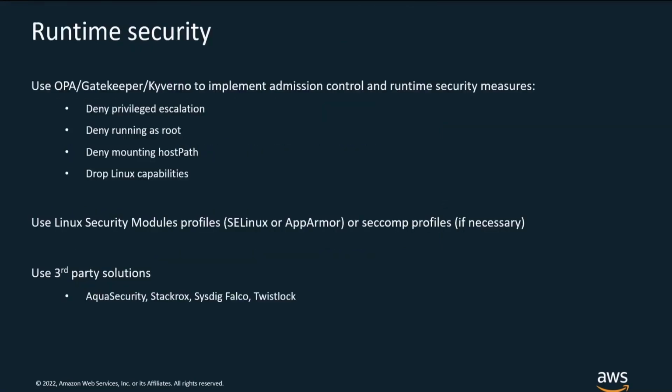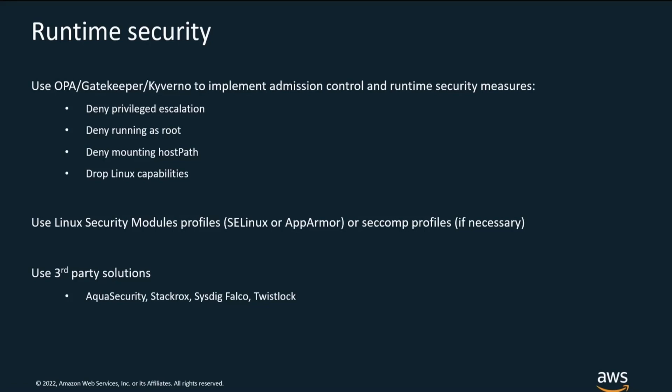And for EKS runtime security, we recommend using admission controller based solutions like OPA, Open Policy Agent, Kyverno, or Gatekeeper to implement runtime security measures that include things like deny privilege escalation, deny running as root, deny mounting host path, and dropping Linux capabilities.